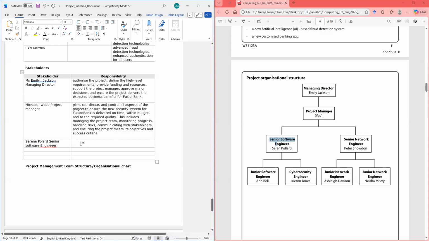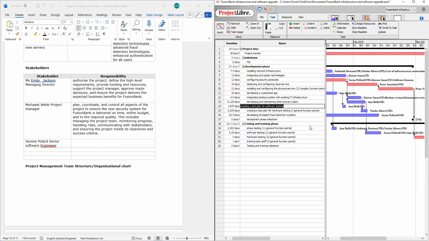What is Serene's job? Her responsibility? We go to our Gantt chart. She's responsible for configuring network protocol.